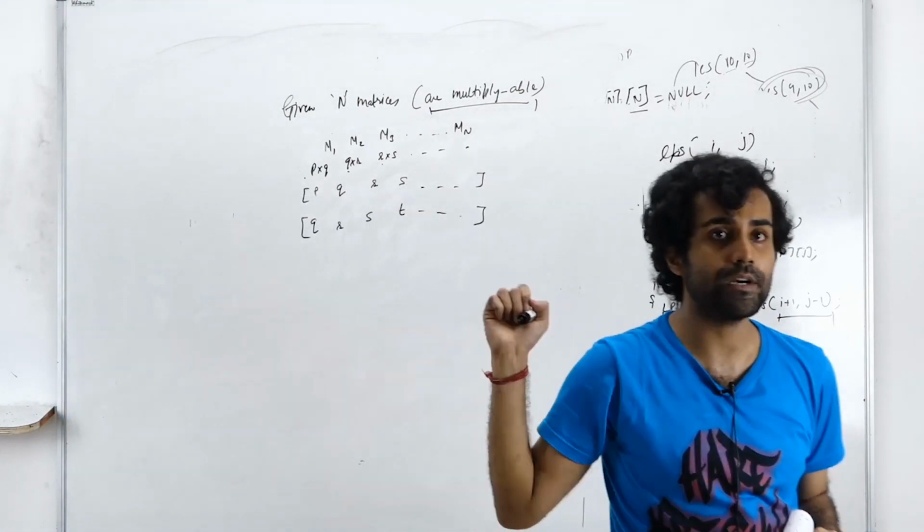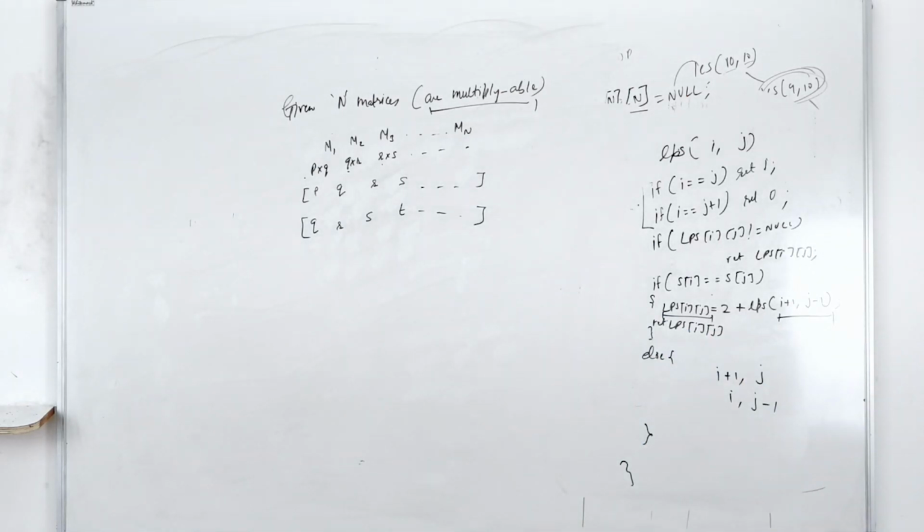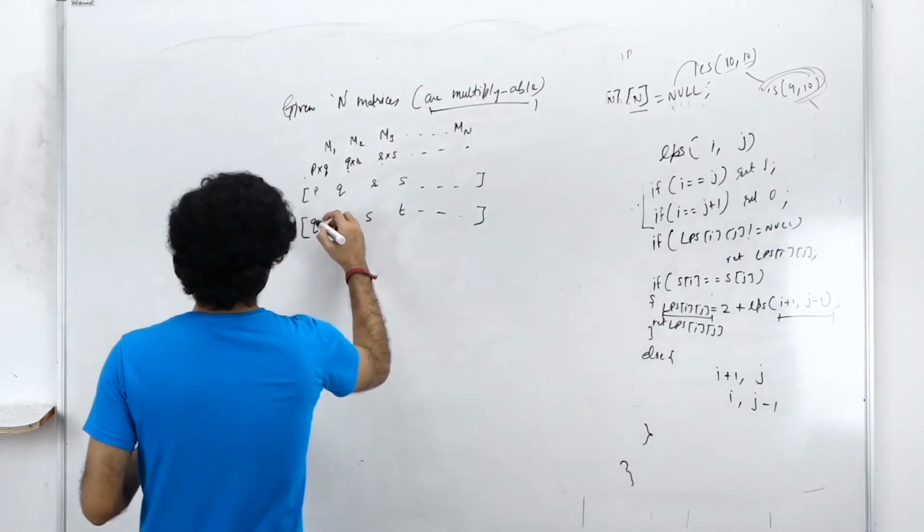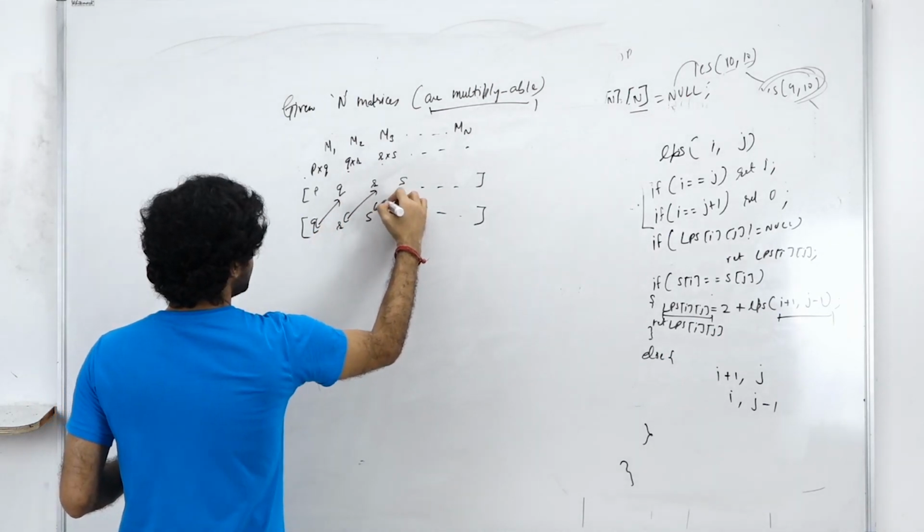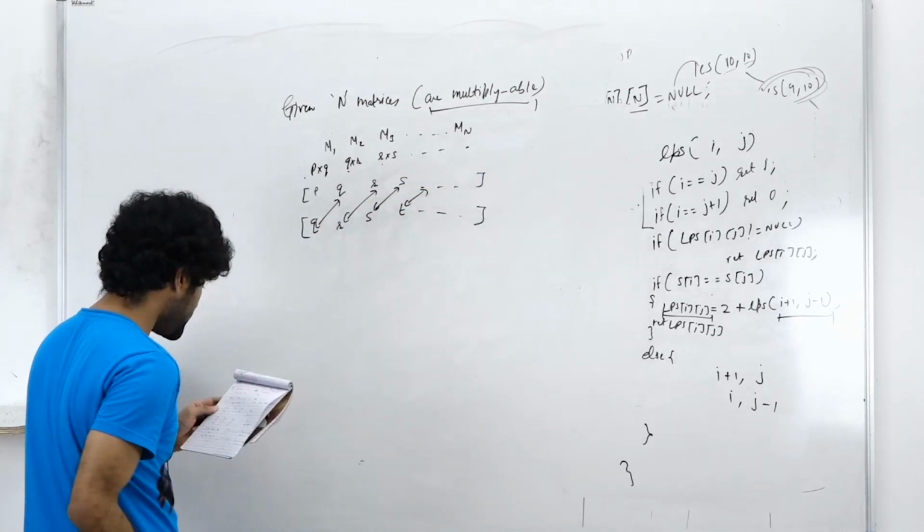Just type yes if you understood the input. Everyone got the input? Okay. So let's say this is your input. Now, of course, because of this input, the matrices are multipliable, because this Q is equal to this Q, this R is equal to this R, this S is equal to this, and so on and on, right?